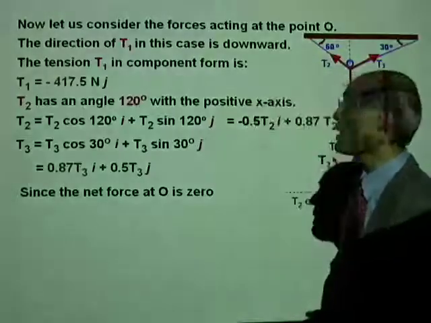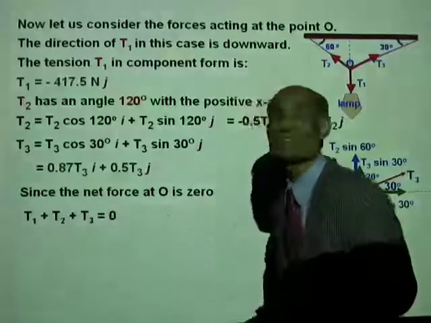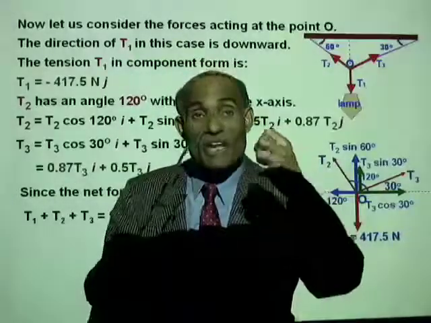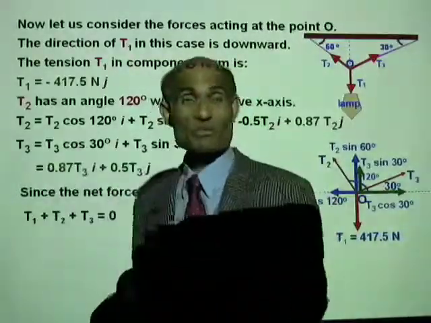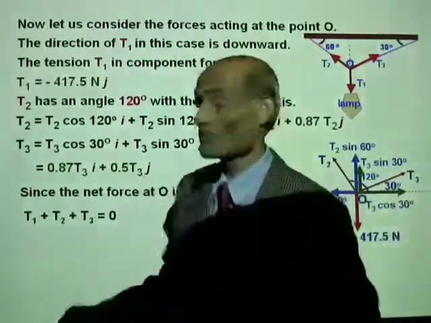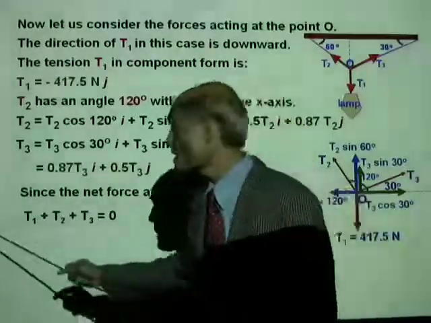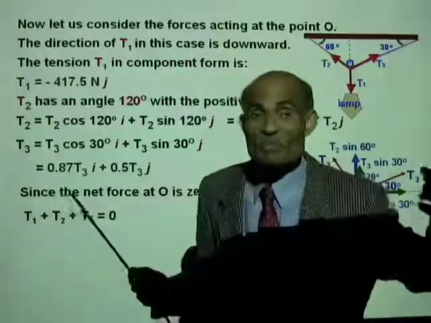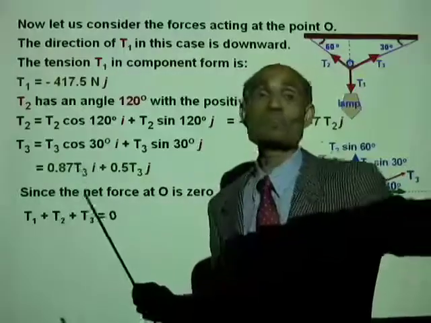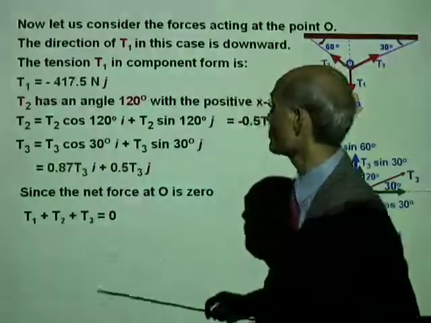Since the net force at O equal to 0, we say T1 plus T2 plus T3 equal to 0. What does that mean? It means if you add the x components, it must be equal to 0. And if you add the y components, it also must be equal to 0. That is the meaning. When vectors are written in the component form, and if we say adding the vectors will give you 0, it means adding the x components will produce 0, adding the y components also will produce 0.